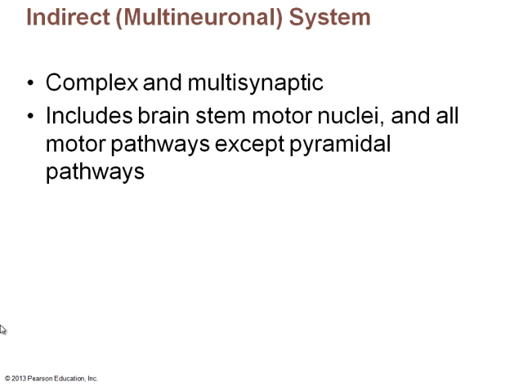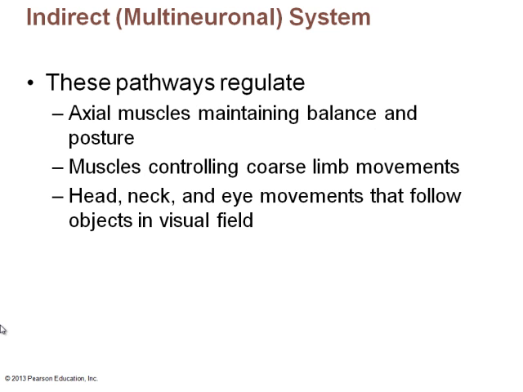Indirect or multineuronal systems are complex and multisynaptic. A whole bunch of different synapses sending information to the pathways that need to be sent to whatever pathway we happen to be talking about. Brainstem motor nuclei and all motor pathways are going to follow this set of tracks out of the central nervous system.